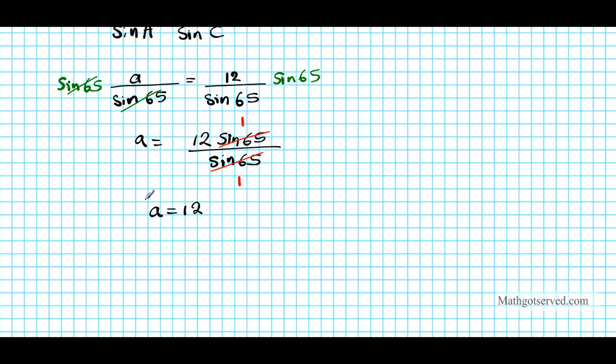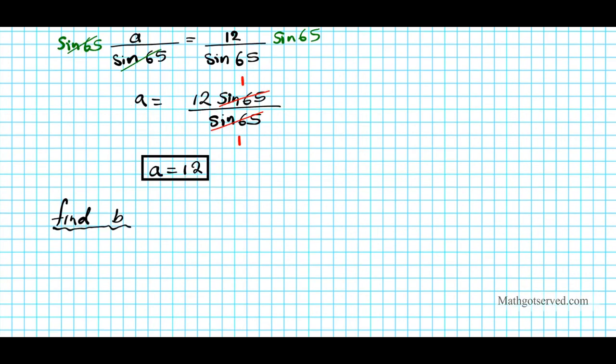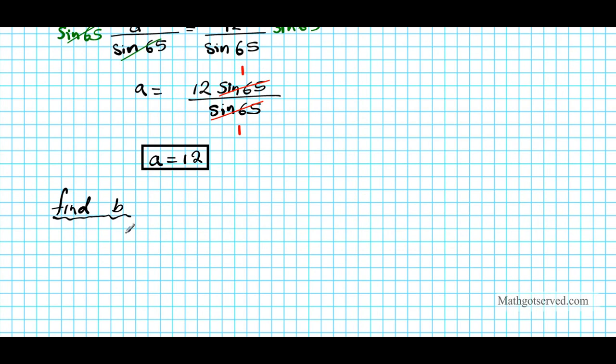Now we need to find the other side, namely little b. We're going to use the law of sines again because we have a pair that we know. I like to start off with what I do not know, which is little b.